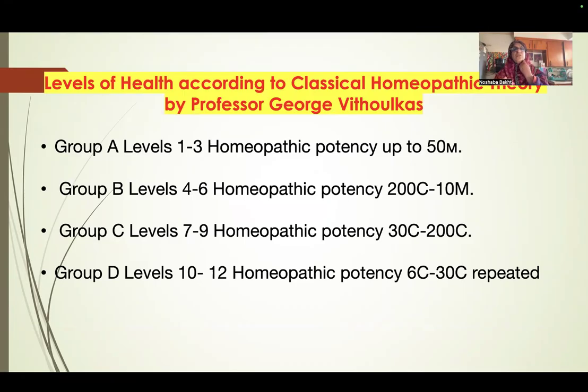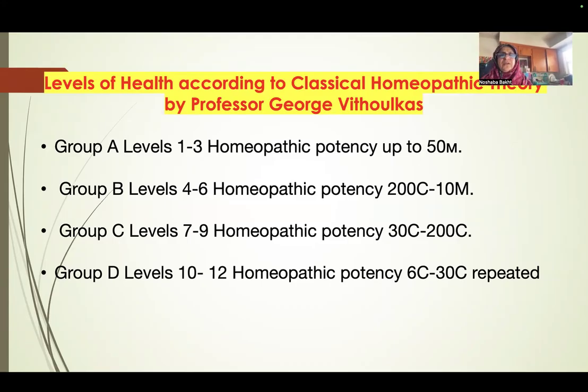The highest group, or group A, is level 1 through 3, and for levels 1 through 3 the patients are mostly in a good level of health, and that's why you can give a higher potency, up to 50M.